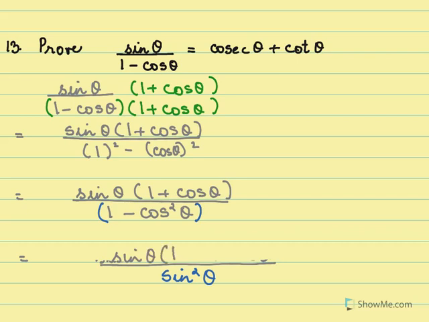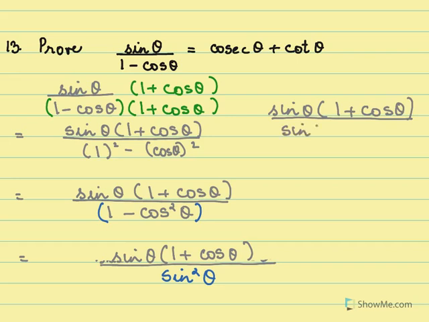I'll keep sin theta, so now you have sin theta into 1 plus cos theta. Now in the denominator sin square theta, so it will be sin theta into sin theta.